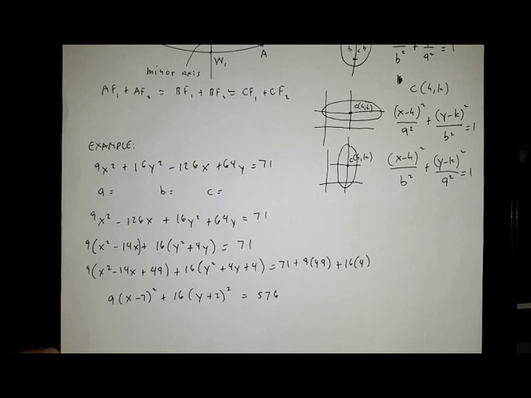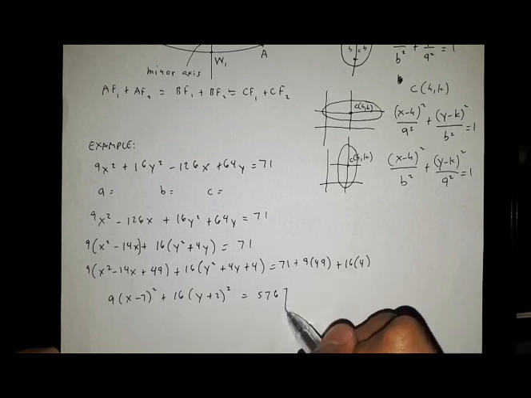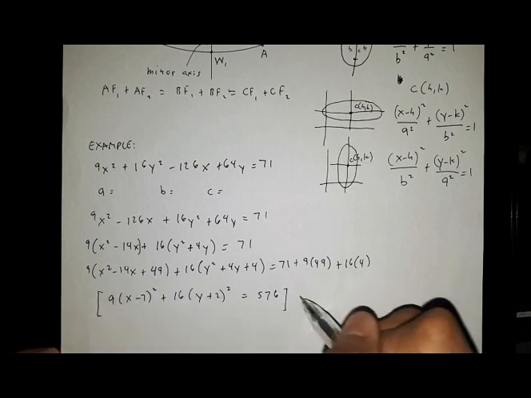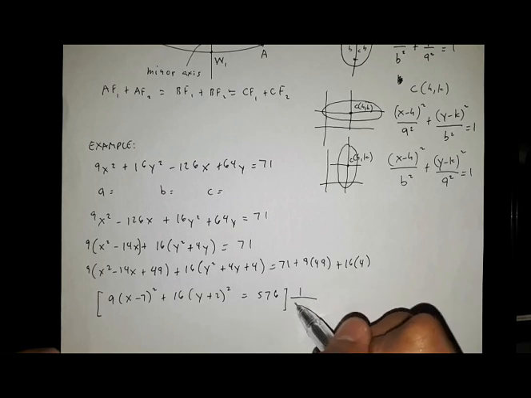So now that we have this equation, the goal here is to make this constant equal to 1. We can do this by dividing the equation by 576. So we have 9 over 576 is 64.